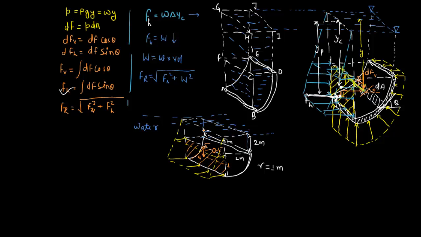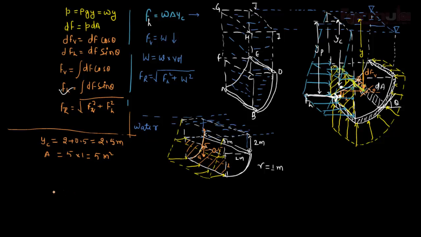So YC in this case will be equal to 2 plus 0.5, that is 2.5 meter. Second, what is the area? The area of this rectangle will be 5 into 1, that is 5 meter square.